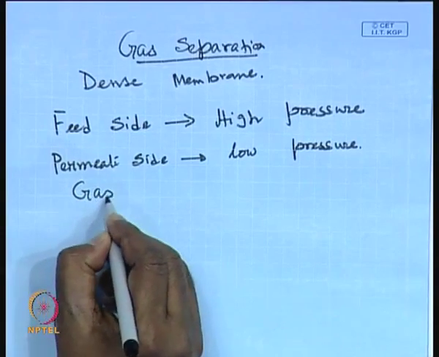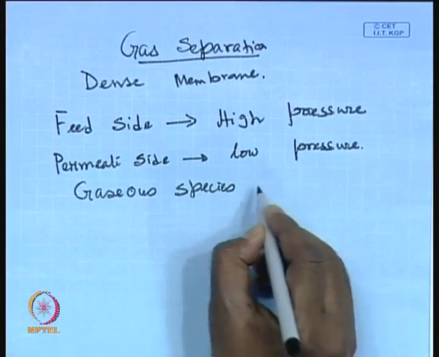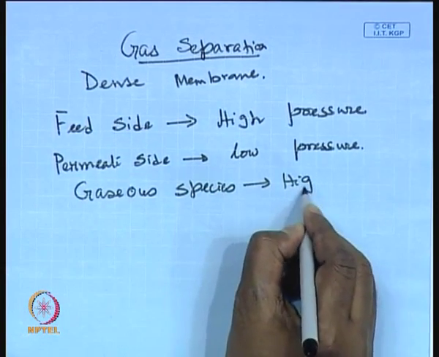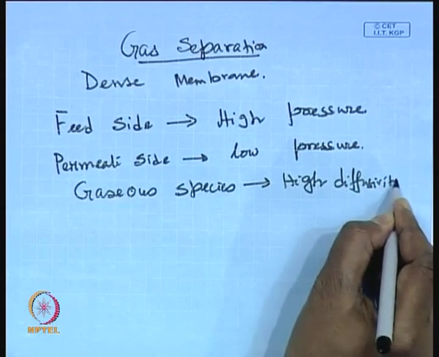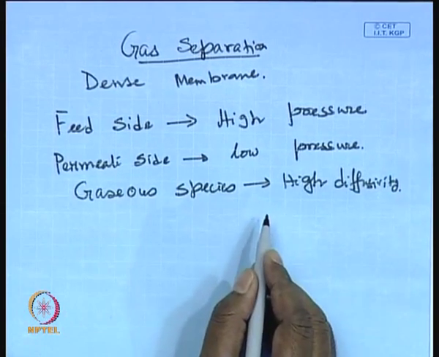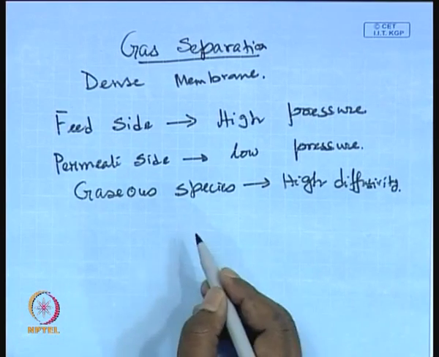So, gaseous species have high diffusivity, and because of high diffusivity they are well mixed in the stream.